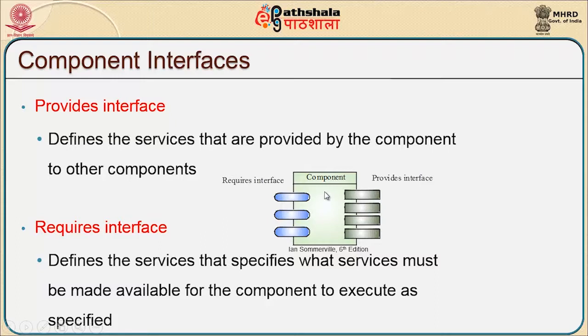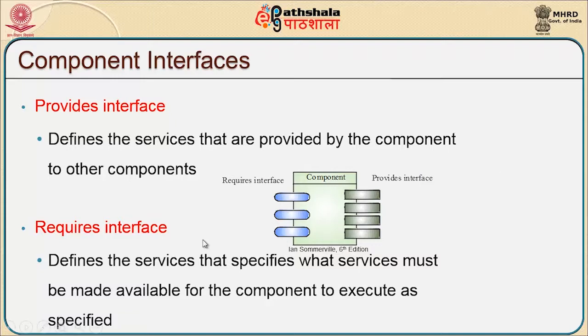If we have a component called print job, we have two interfaces that we have created. This component requires an interface and it can also provide an interface. This picture depicts that every component has an interface. The provides interface defines the services provided by the component to other components, wherein the other components might make use of it.